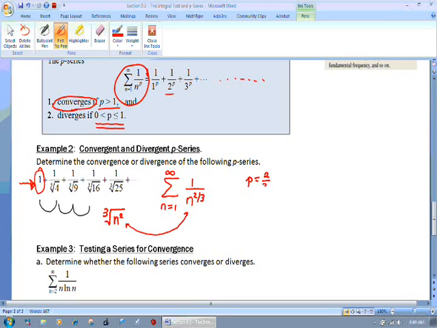Which category does that fit in? That would be category number 2. We diverge if p is between 0 and 1, and thus we have our divergent series. Recognizing the behavior of a p-series should be one of the easier things that you do in Chapter 9.